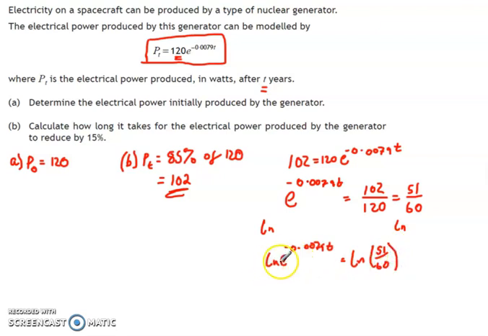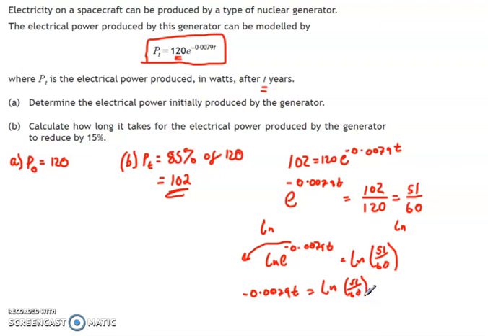Now this ln e, what I can do is use my rules of logarithms to bring that down to the front, and then ln of e is just 1. So what that means is I can rewrite it as negative 0.0079t equals this ln of 51 over 60.